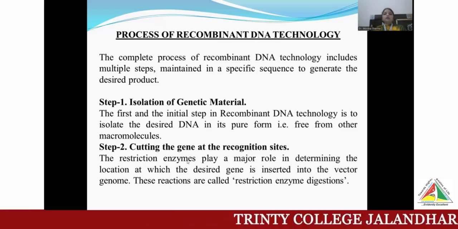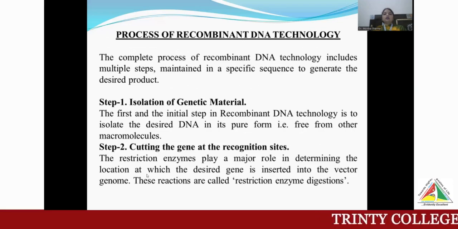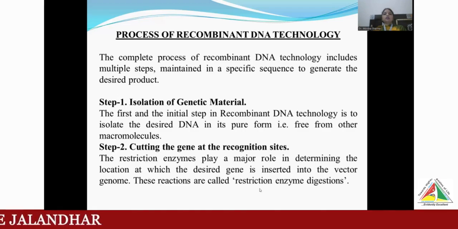For this, restriction enzymes play a major role in determining the location at which the desired gene is inserted into the vector genome. These reactions are called restriction enzyme digestions.